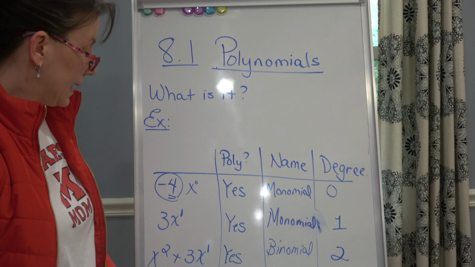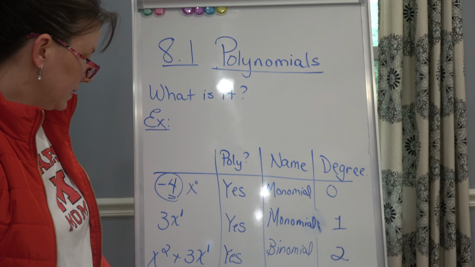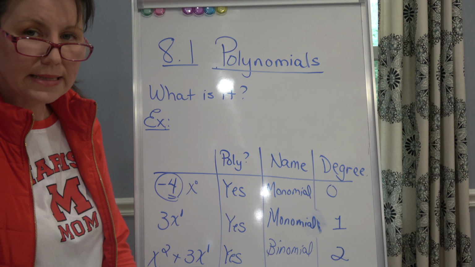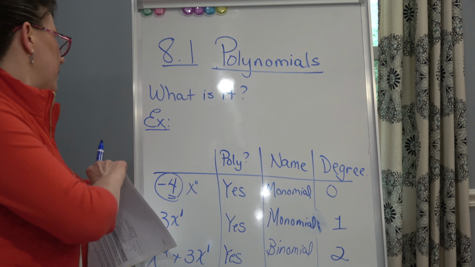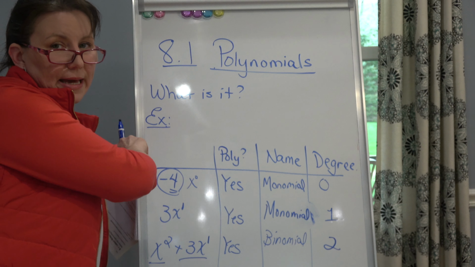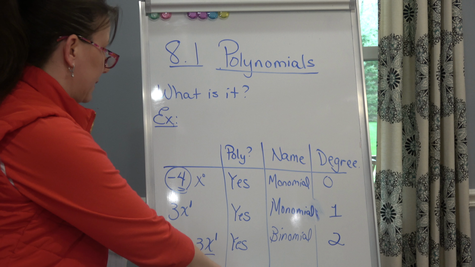Now, for some of these problems, and it's going to be rare, but if you had something with more than one variable, like let's say you had an x and a y, let me make up an example of that.